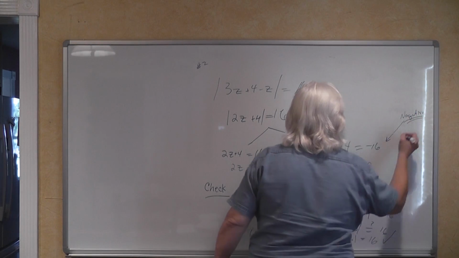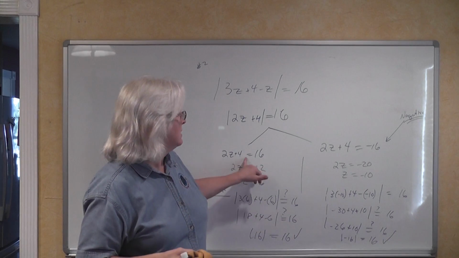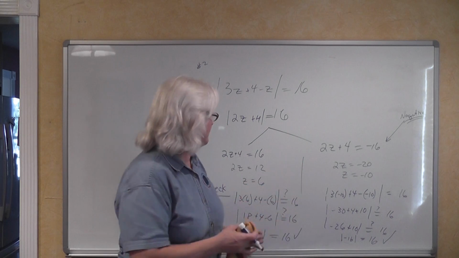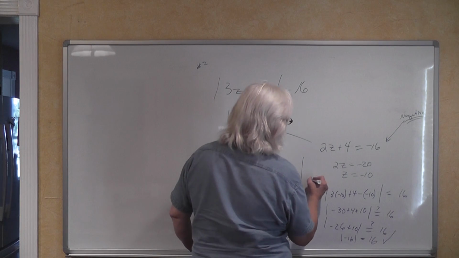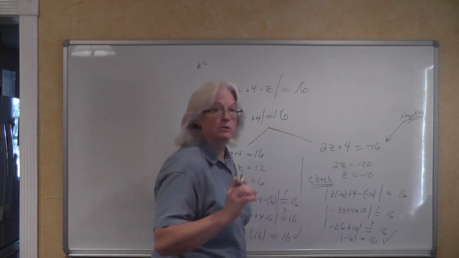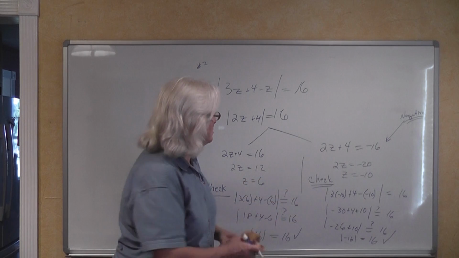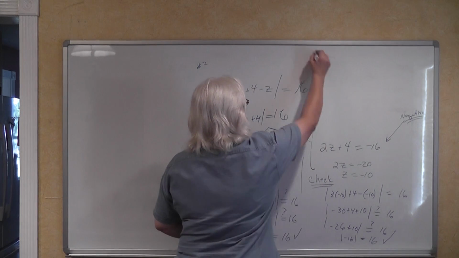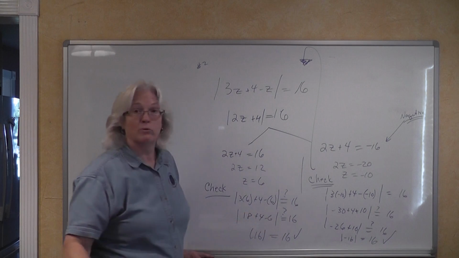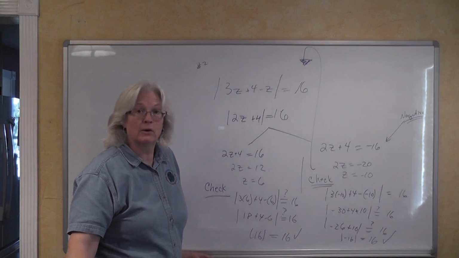Has to be like that because that's how we come up with two equations when we're using our absolute value. However, when you do your check, you do not use your check with this equation. You use your check back to your original, okay? So, hang in there, work on these.